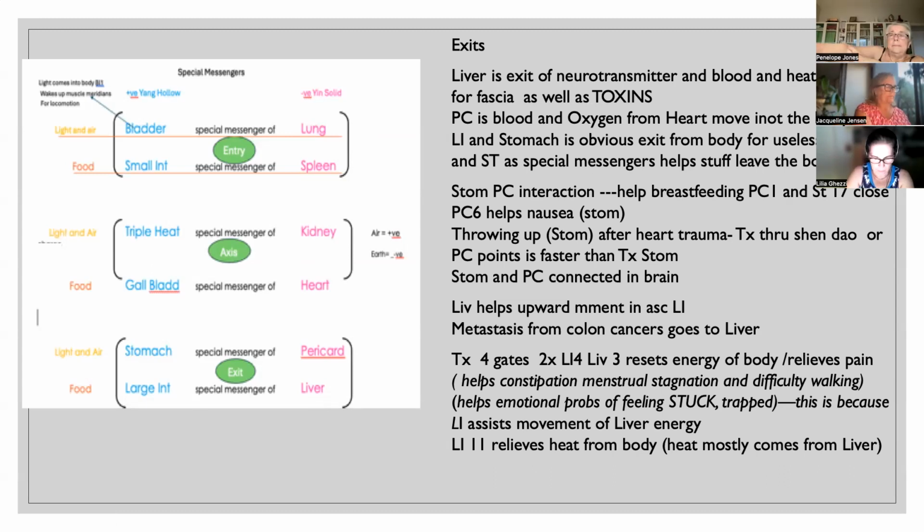Right here. If you've got a fever, large intestine 11. If you've got rising liver fire, large intestine 11. That's why that works, because the large intestine is the special messenger of the liver.